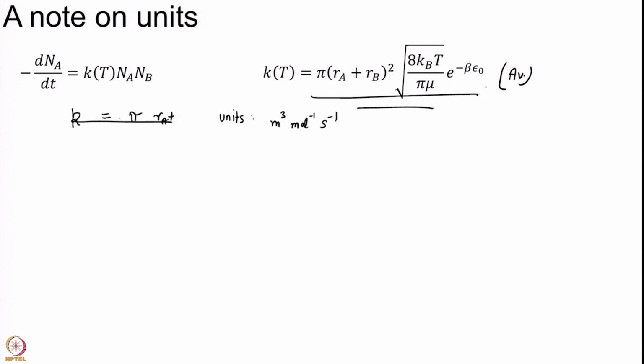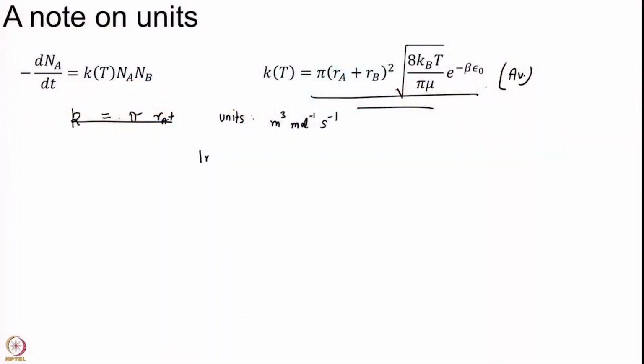And what do I want it in? I want it in liter mole inverse second inverse. So, there is still a little bit of a change I need. How do I do that? You remember how meter cube and liter are related? So, 1 meter cube is 1000 liters.